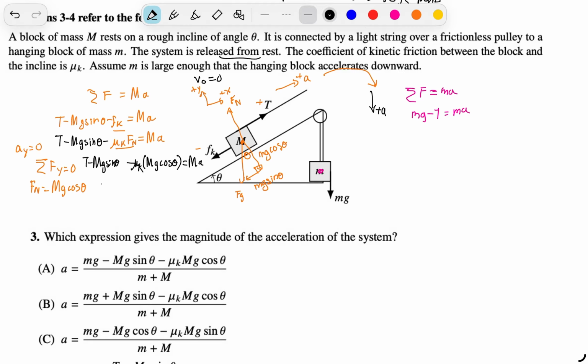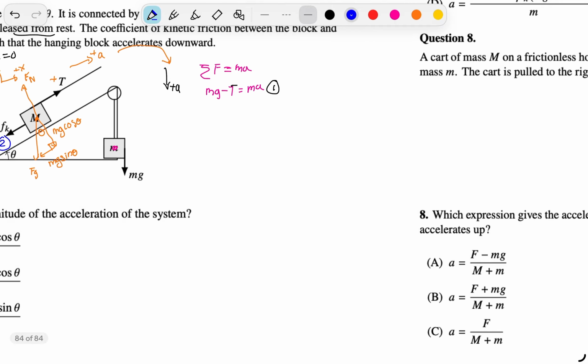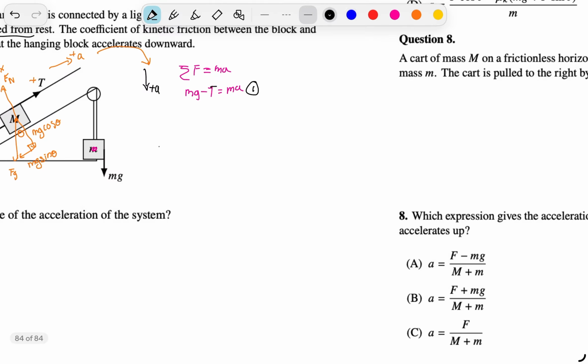So now after this, we can take our two Newton's equations. We have over here mg minus T is equal to ma as our first equation, and we have this second equation right here, which we'll call equation 2. Now let's take them together. So we have mg minus big Mg sine of theta minus mu k Mg cosine of the angle theta is equal to your system mass.